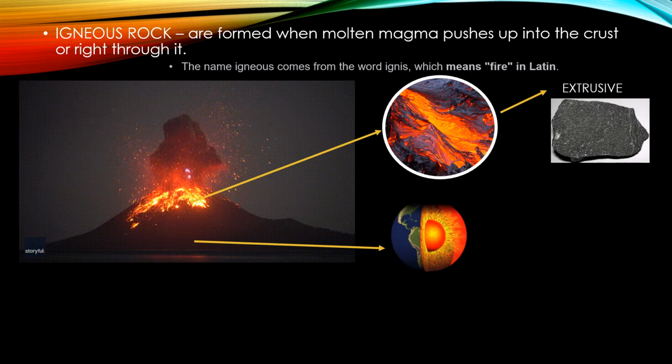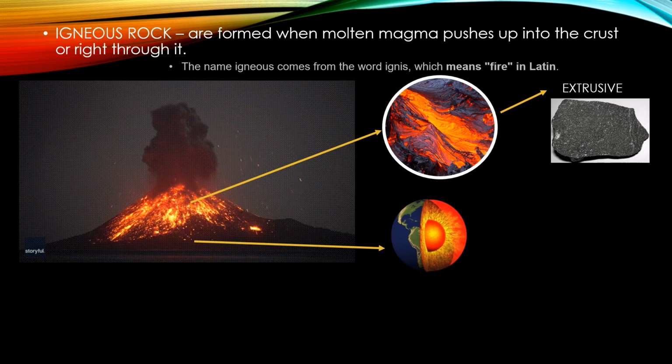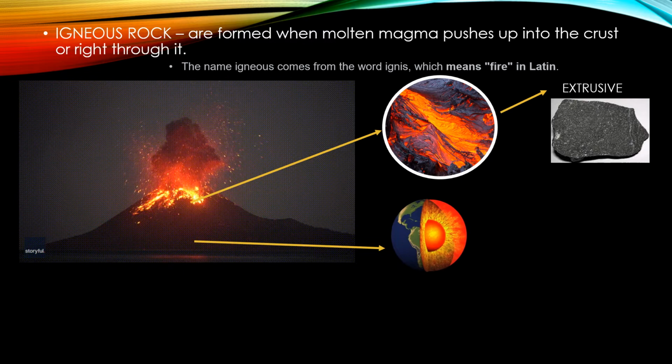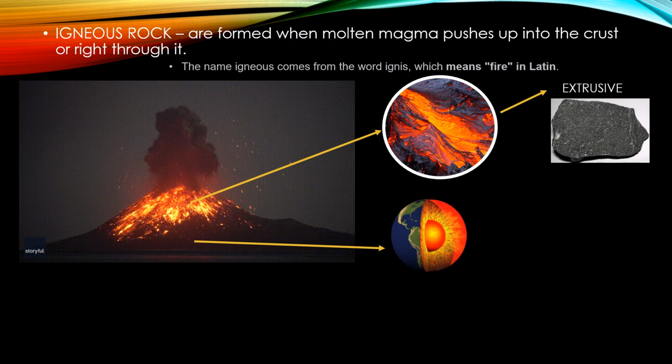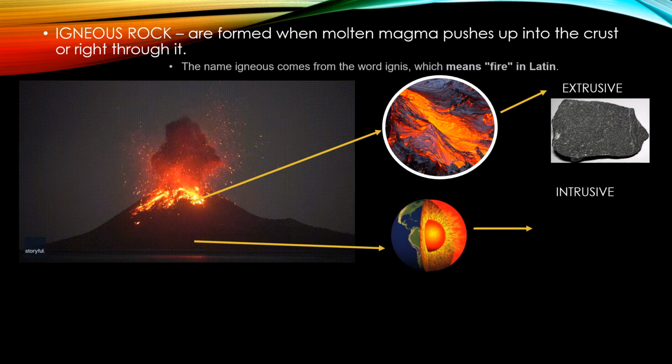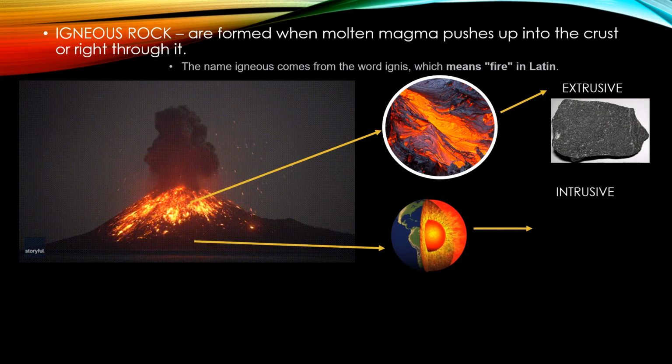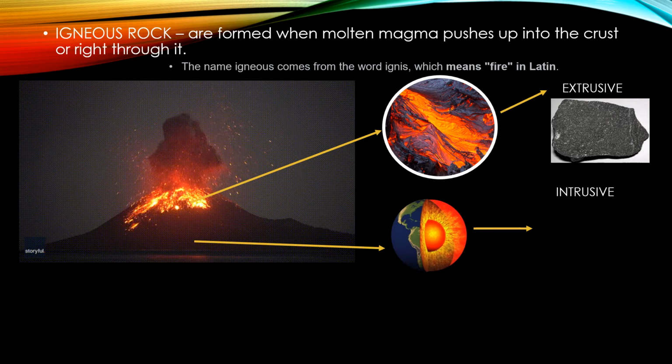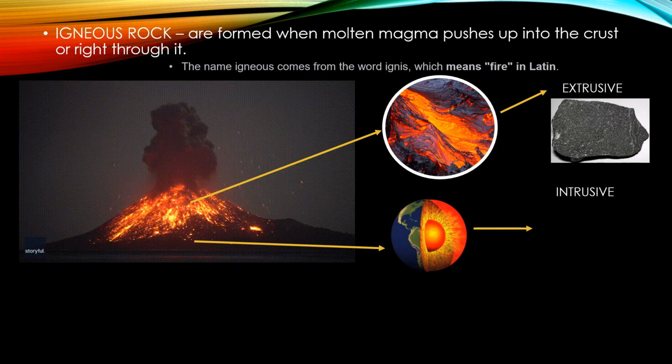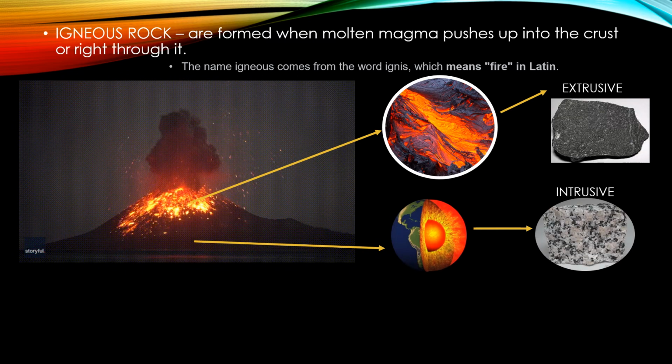Then the rocks that are inside the volcano or inside the inner part of our earth are called intrusive igneous rock. So one example of intrusive igneous rock is the basalt.